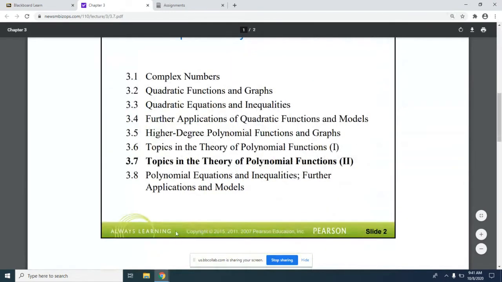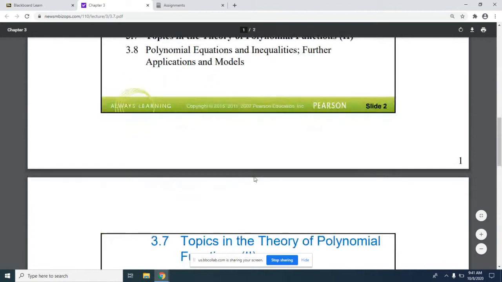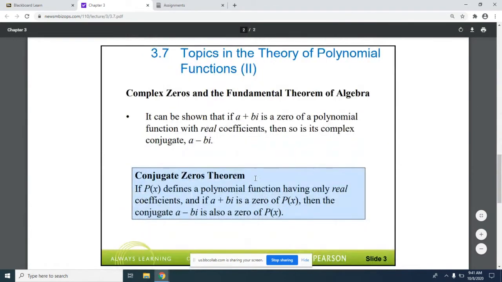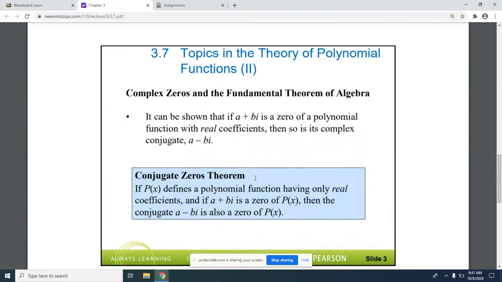All right, so as far as the book is concerned, it's topics, theory of polynomials, polynomial functions, the second half. Okay, but in layman's terms, we're basically solving higher degree equations. And there's really only one slide, and it's the conjugate zero theorem.